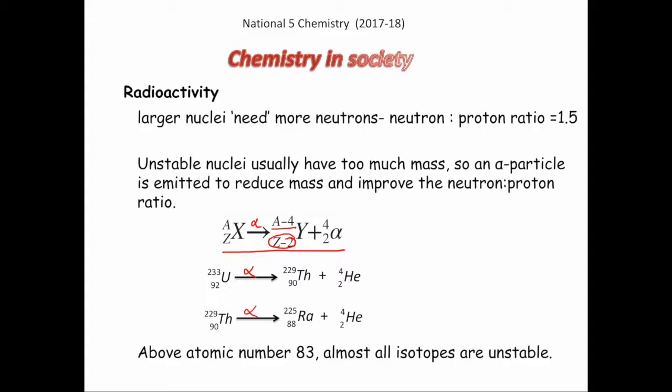You have to remember that above atomic number 83 in the periodic table, almost all the isotopes are unstable. And these unstable isotopes have a tendency to undergo decay even under natural circumstances, irrespective of physical or chemical conditions.